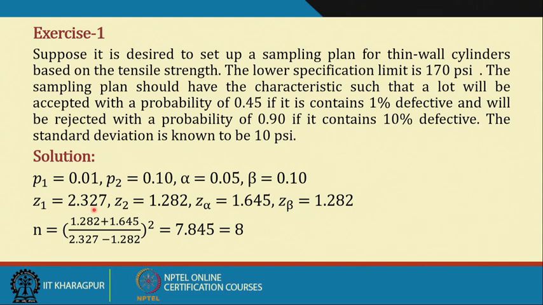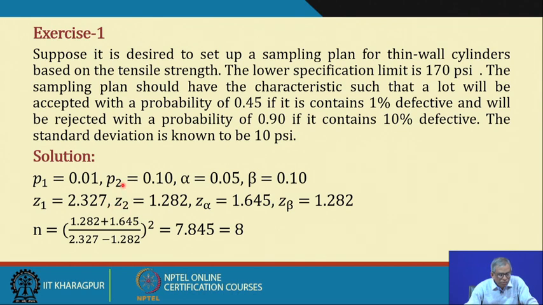Now when you refer to the standard normal table, what you find is that Z1 against P1, that means the area under the curve beyond Z1, you have to compute. You apply the formula and you will get a value of 2.327.